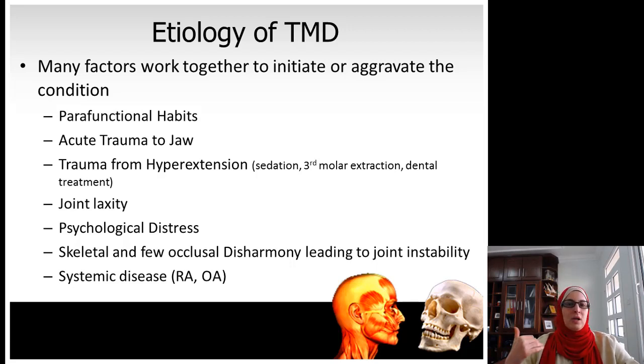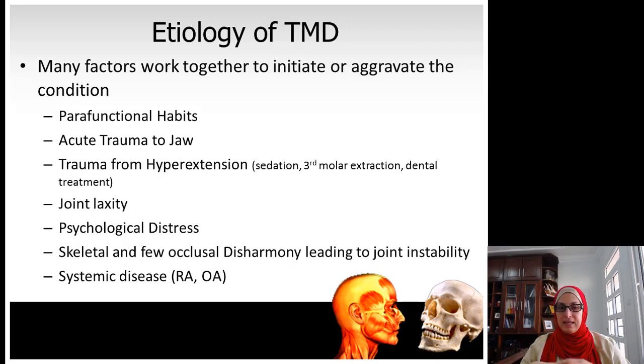Only a few occlusal problems, like skeletal open bite, deep class 2 bite, or loss of teeth, like having a free end saddle, for example, where there is no support for one of the endpoints of the joint. So these major occlusal disharmonies might affect the joint. However, simple crowding, simple discrepancies would not actually affect the joint, as long as the bite is stable.